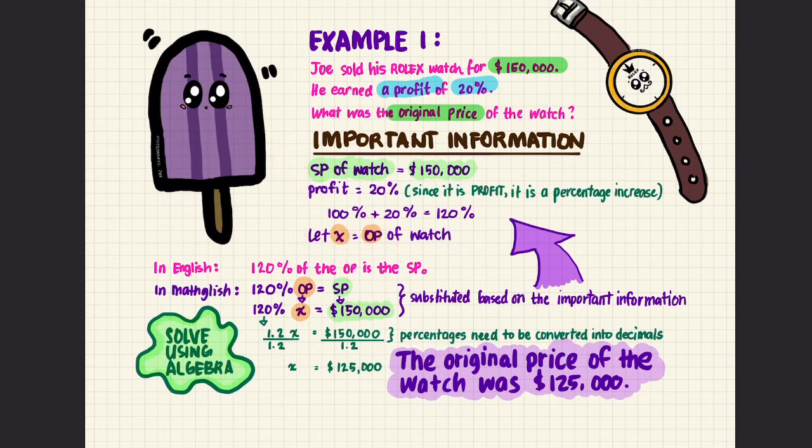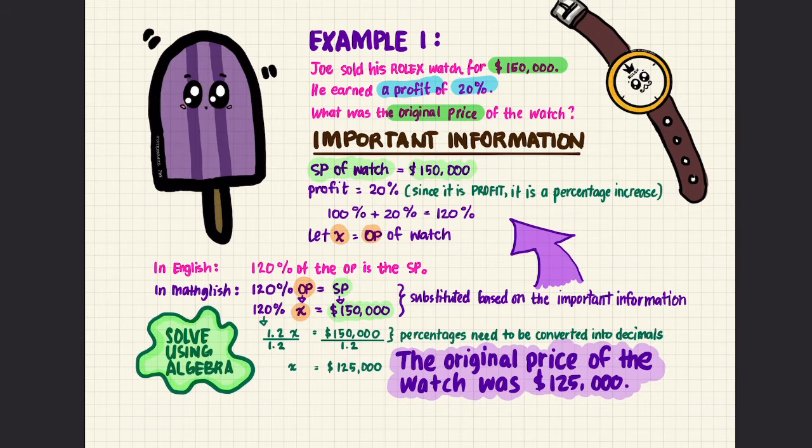In English, we read this as 120% of the original price is the selling price. This is Mathglish: 120% of original price is x. Selling price is 150. So this is your equation.